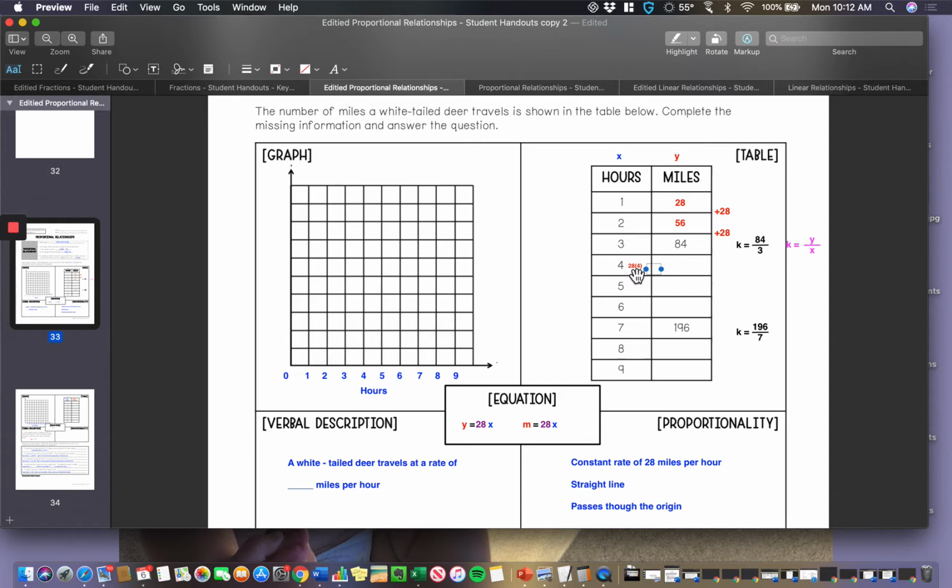So I have 28, which is my constant, multiplied by 4, and when I do that, 28 times 4, I'm going to get y, the number of miles. In that case, 28 times 4 is 112.